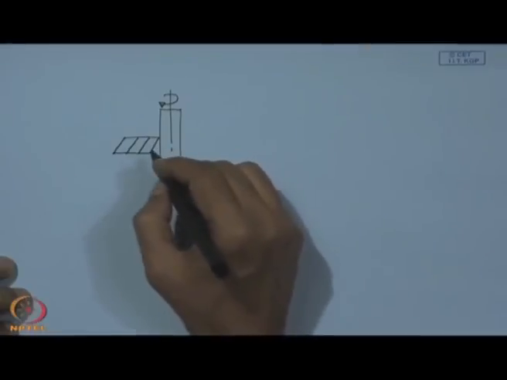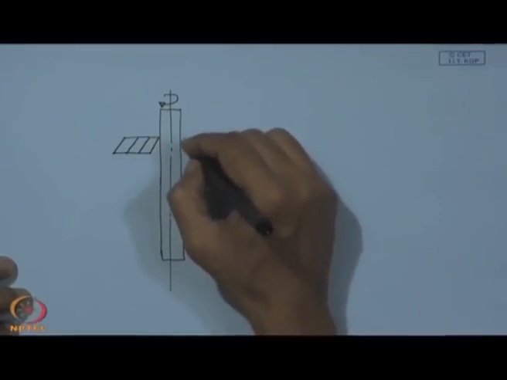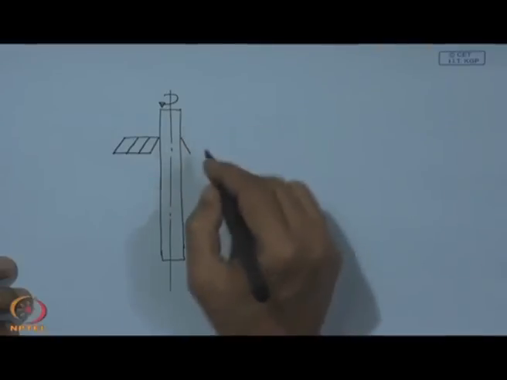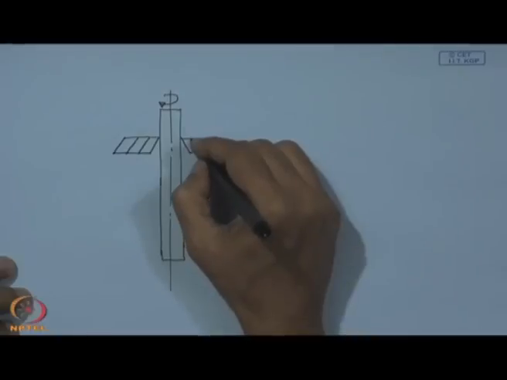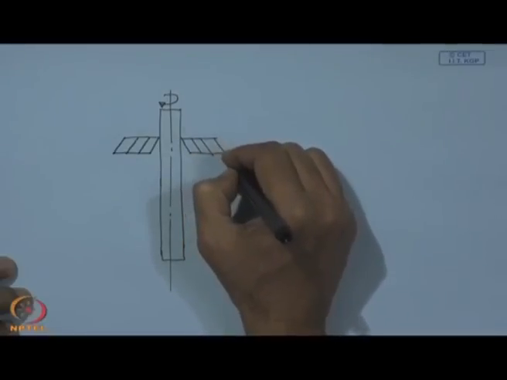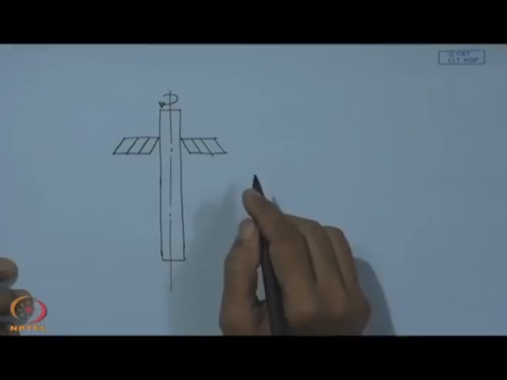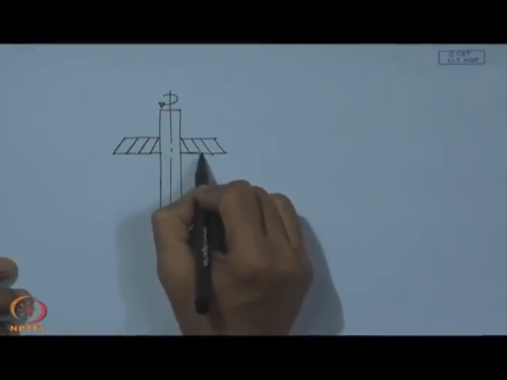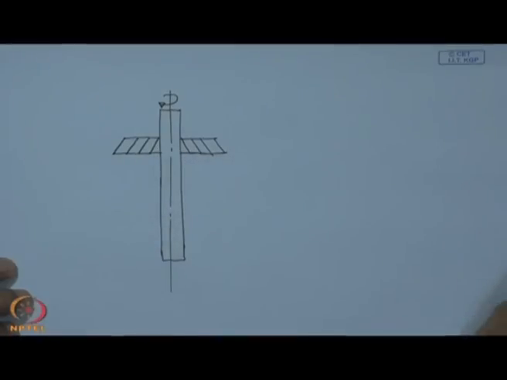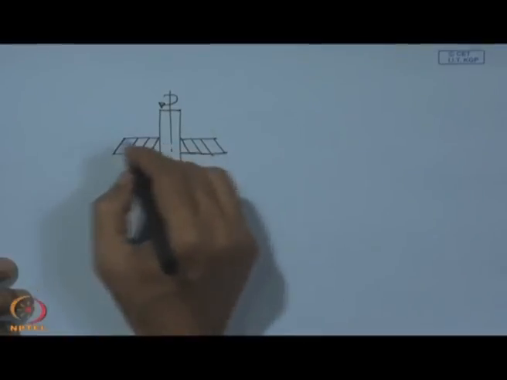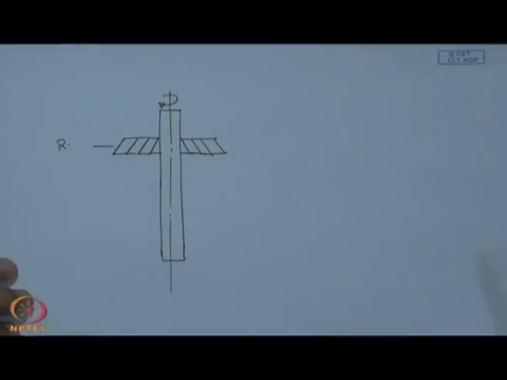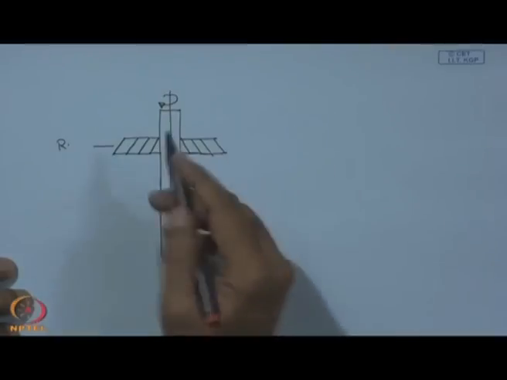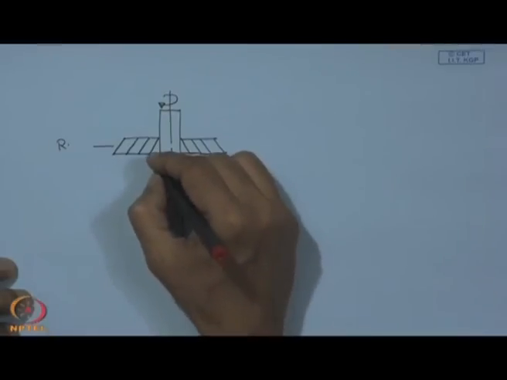Similarly, we can show this side, so this is one set. This is the rotor. Just adjacent to this we have the stator.